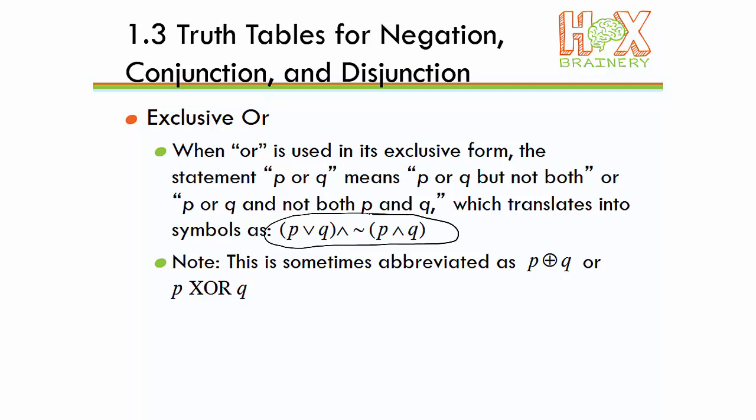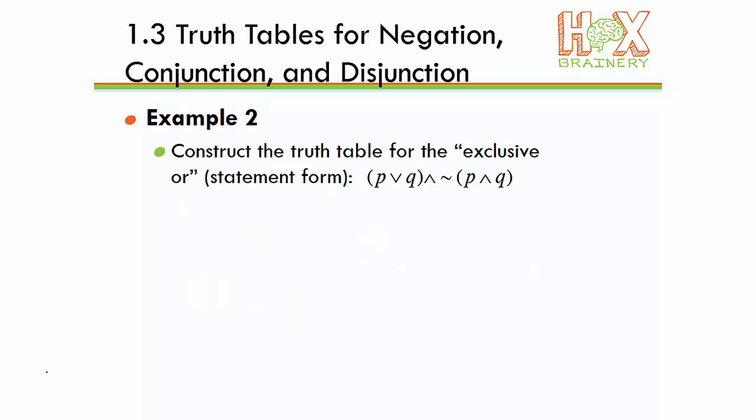Sometimes, depending on the textbooks, there might be an abbreviation, a different symbol for the exclusive OR. So you may come across this notation here or this other one, and those represent the exclusive OR. So you may see those when you're studying symbolic logic or discrete mathematics. So let's go ahead in example 2 and construct the truth table for that exclusive OR.